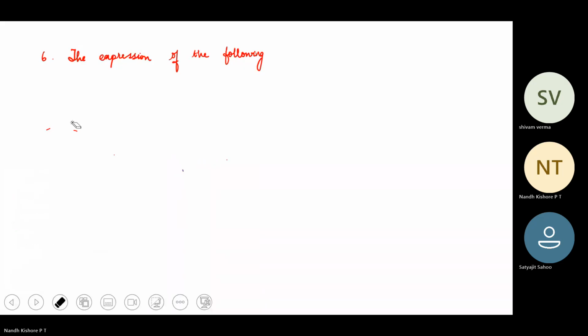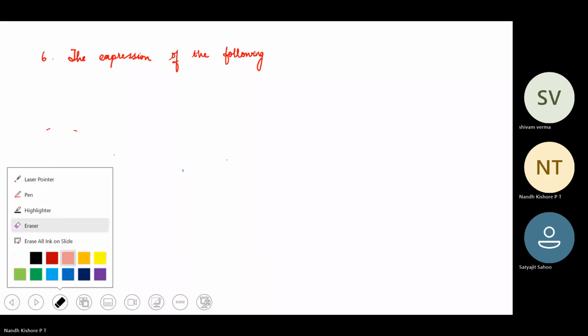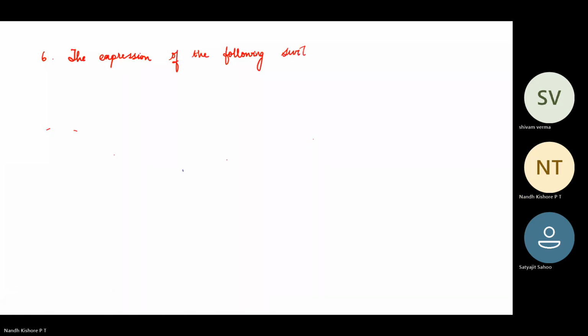So the question is: the expression of the following switching circuit in binary logic notation is dash.